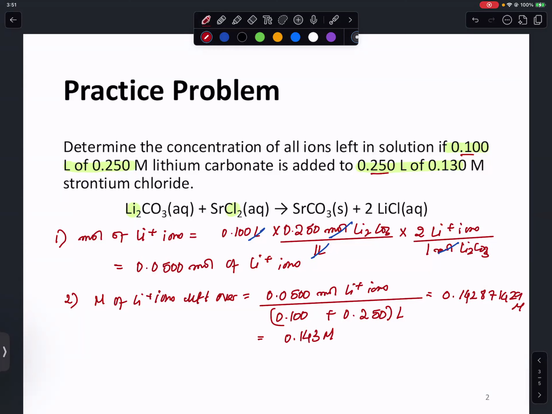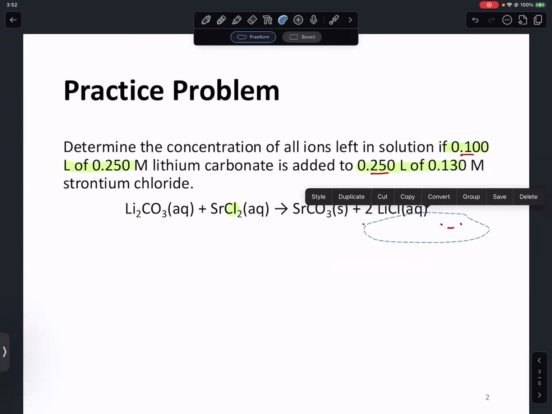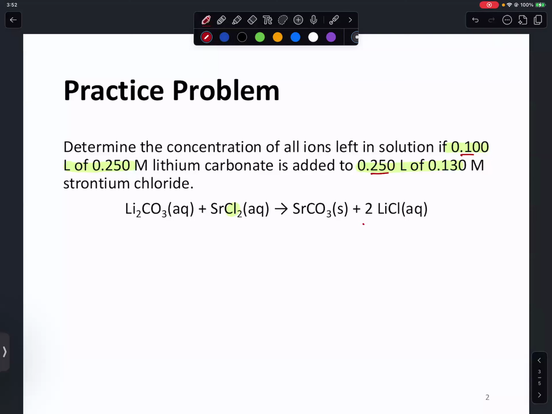Now, we'll do the same exact procedure for the molarity of the chloride ion. Let me clear the screen here, and let's start by doing the same thing for the chloride ions.